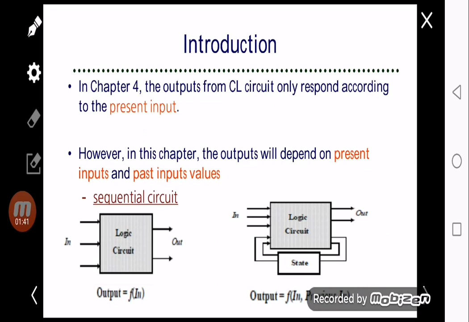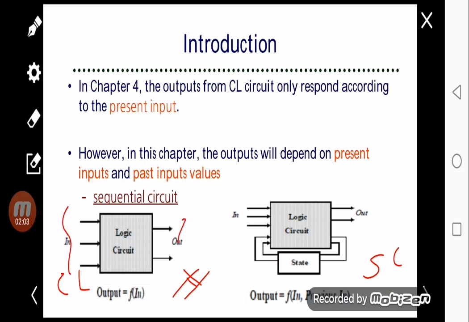But for a sequential circuit, the output depends on the present input and the past input value. From this figure, you can see this is a combinational logic circuit and this one is a sequential circuit. In the combinational logic circuit, there's input and output, and the output depends on the input that comes inside the logic circuit.